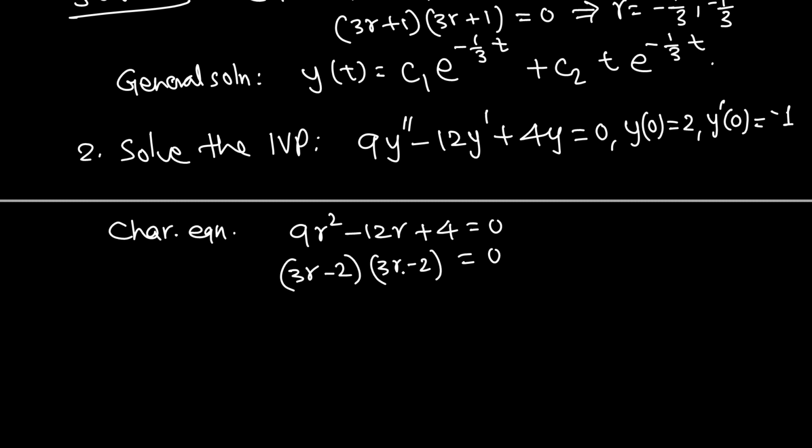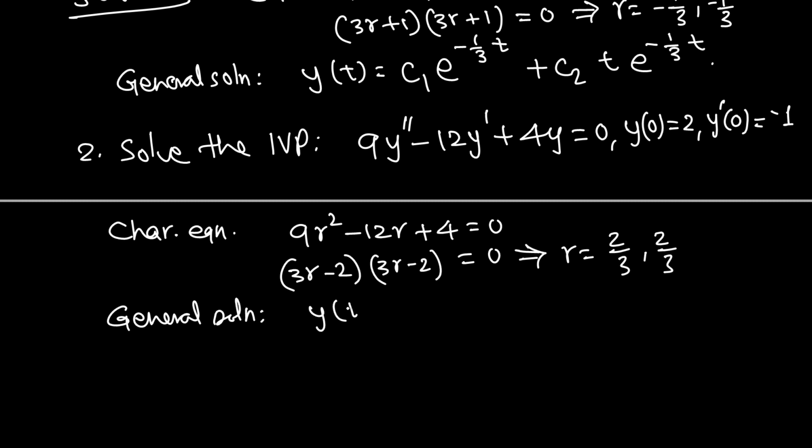So r is 2/3. So we got repeated roots. That means the general solution is c1 e raised to rt, 2/3 t, plus c2. Now we cannot have the same solution, so t times e to the 2/3 t.